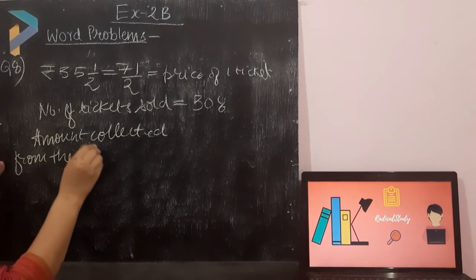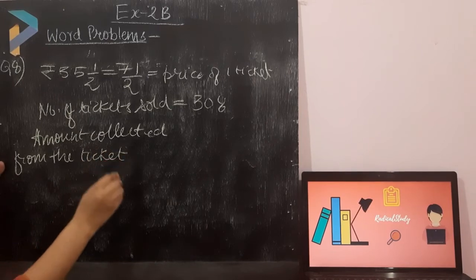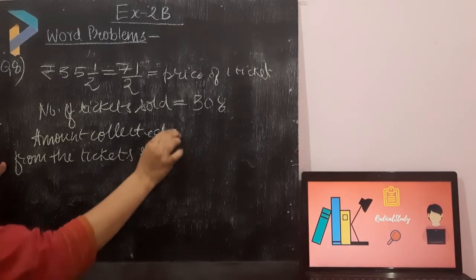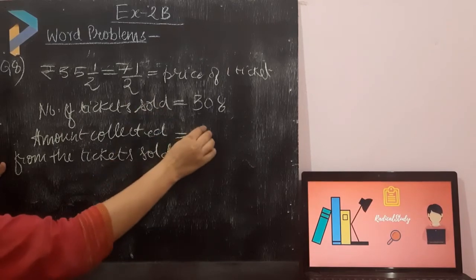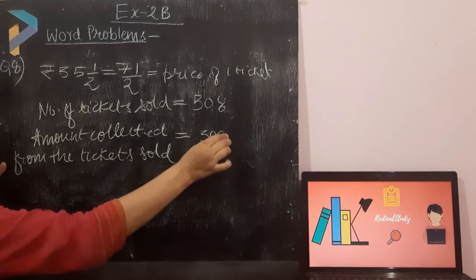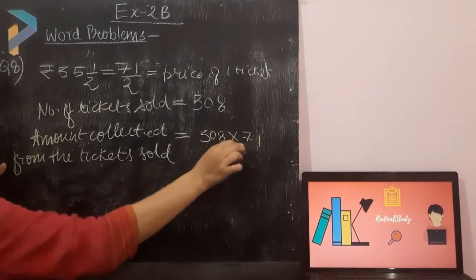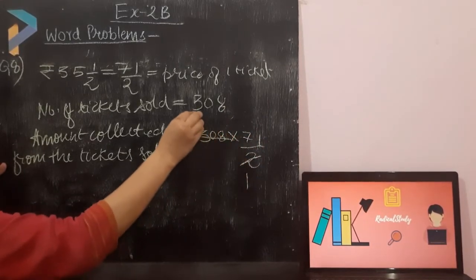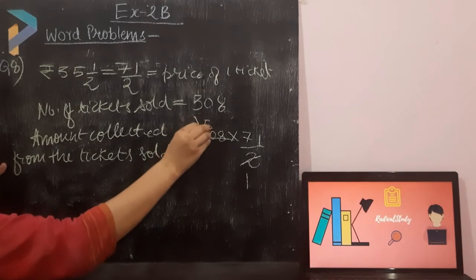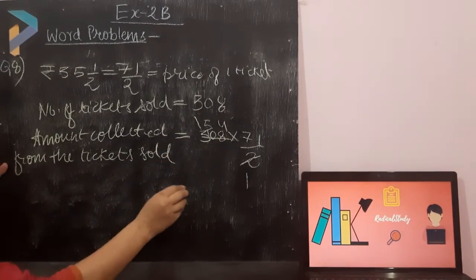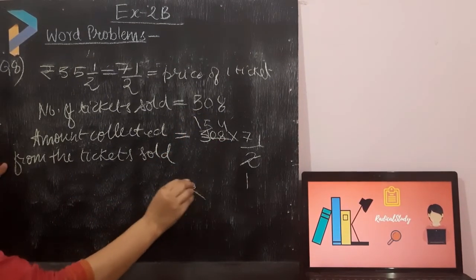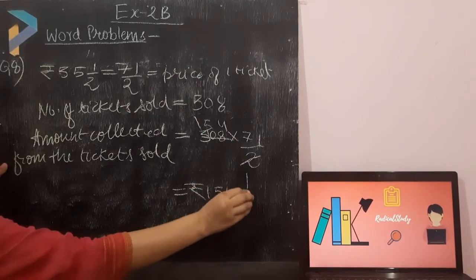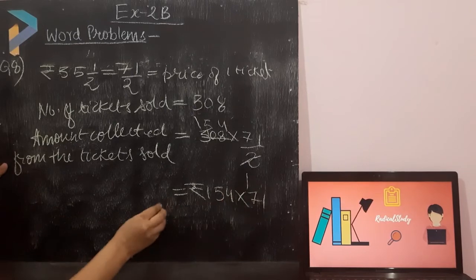What we have to do? Price of one ticket is given to you and you have to find out for more. That means you have to multiply. Now I am going to multiply it. 308 multiplied by 71/2. Now 2 1s are 2, 2 5s are 10, 2 4s are 8. So the amount which will be collected is equals to rupees 154 into 71.